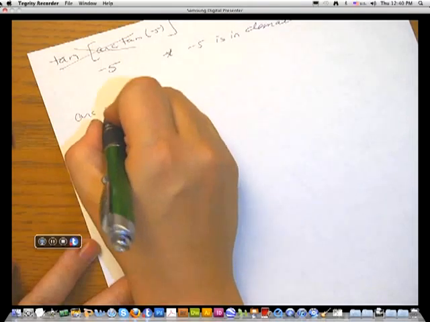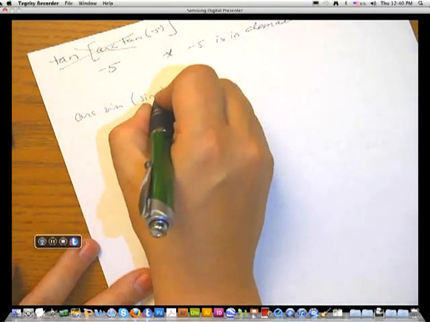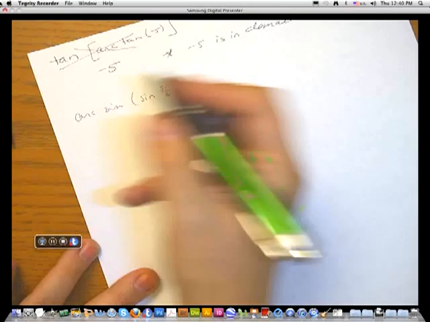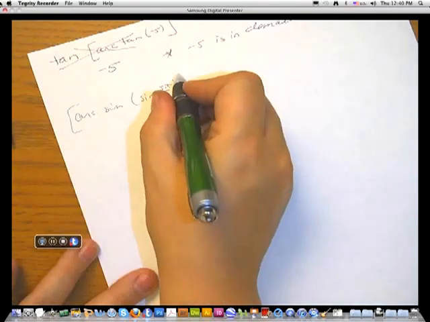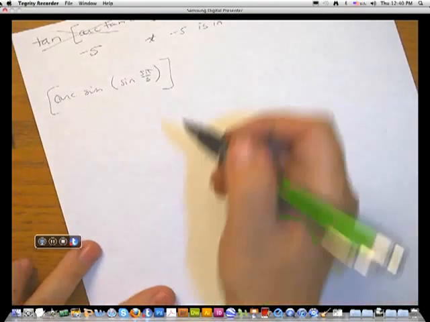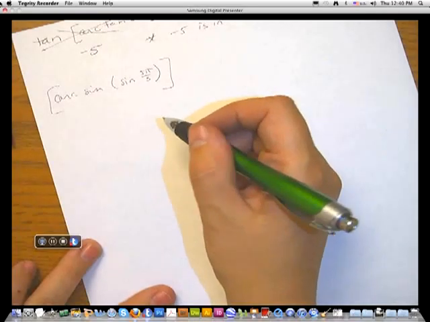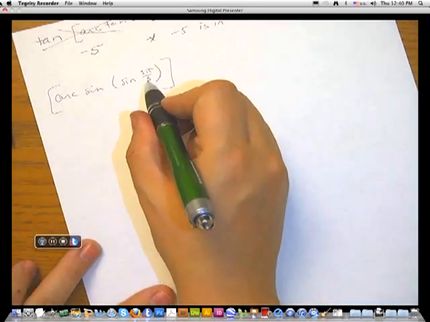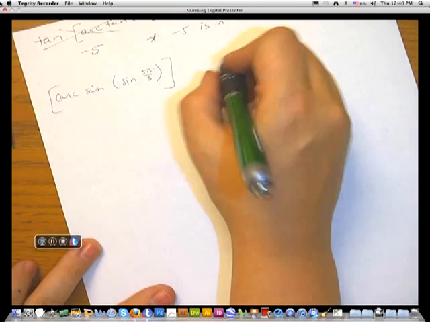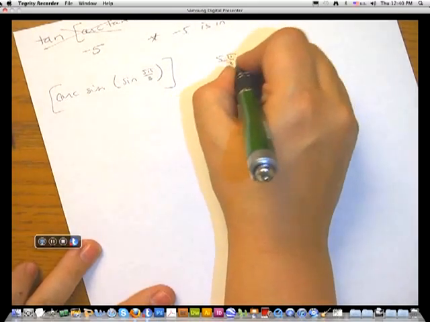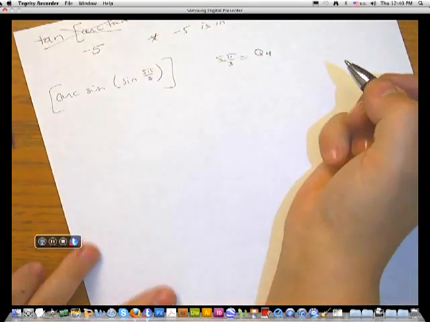Alright, the next one. Arcsine and sine of 5 pi over 3. I need to be careful of this. 5 pi over 3 is in quadrant 4.